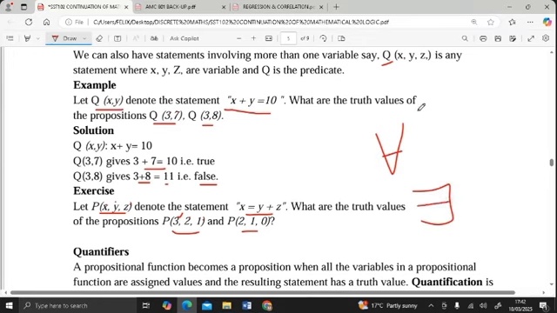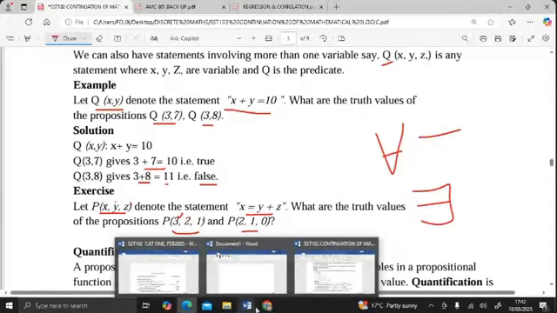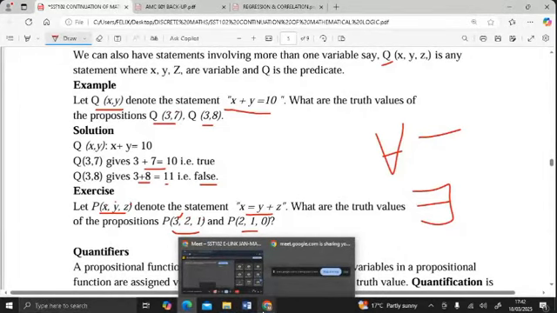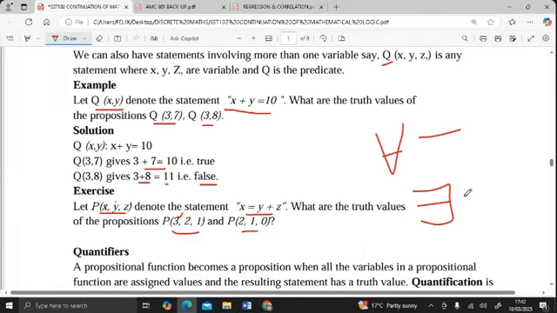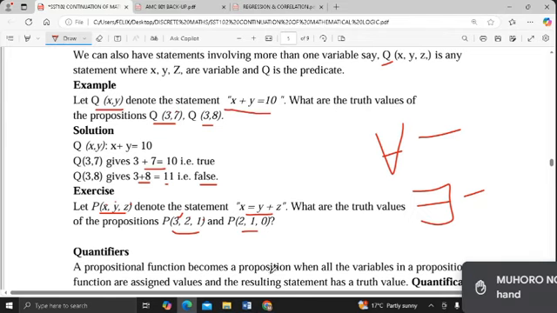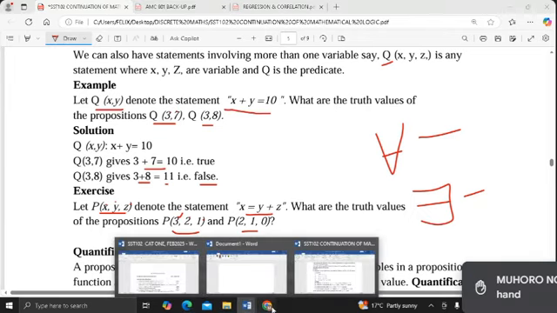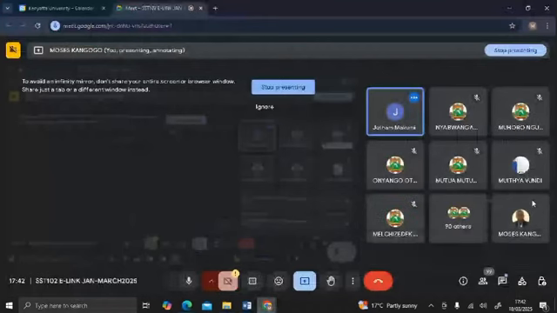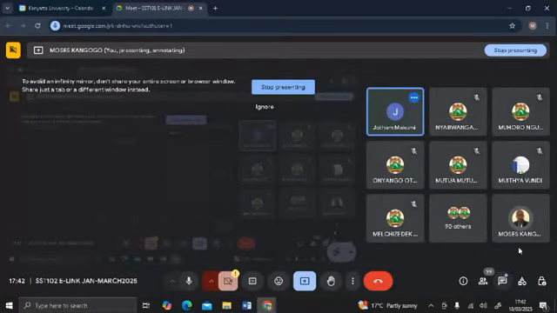Now, let's look at this quantification. By the way, for your information, quantification is not something that you don't know. It is something that we've used a number of times. Just remember, what does this one tell us? What does this mean? And what does this mean? Even in the chat box, what does the first one mean? For all.